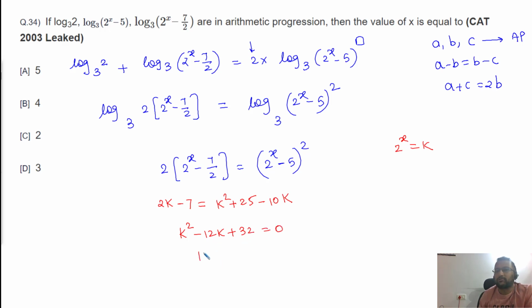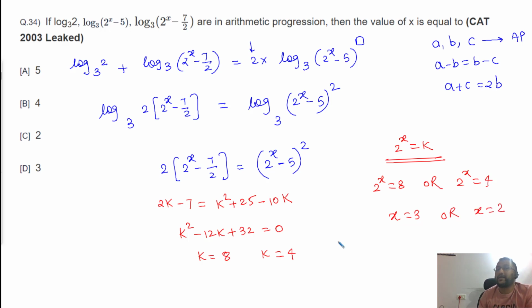If we solve this quadratic equation, you will get k is equal to 8 and k is equal to 4. We are not interested in a value of k, we are interested in a value of x. So 2 to the power x is equal to 8 or 2 to the power x is equal to 4. So x is equal to 3 or x is equal to 2.